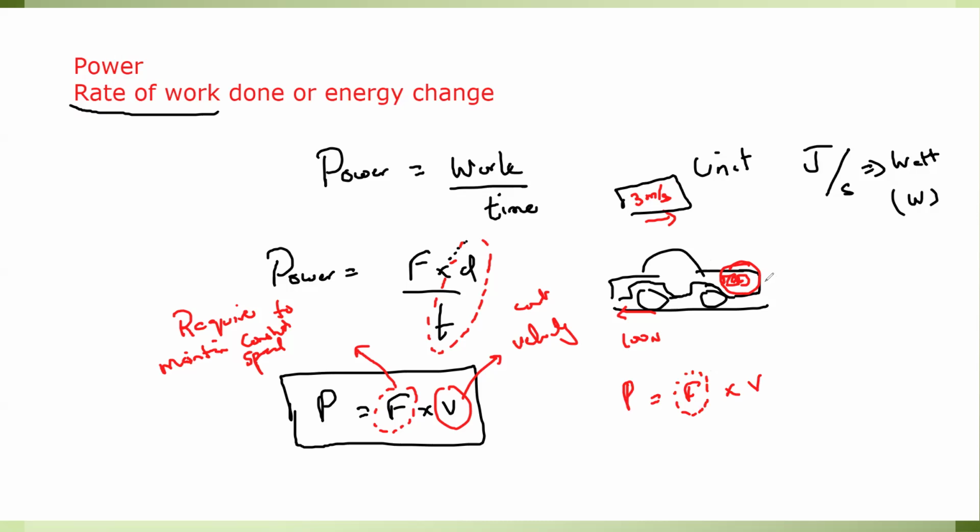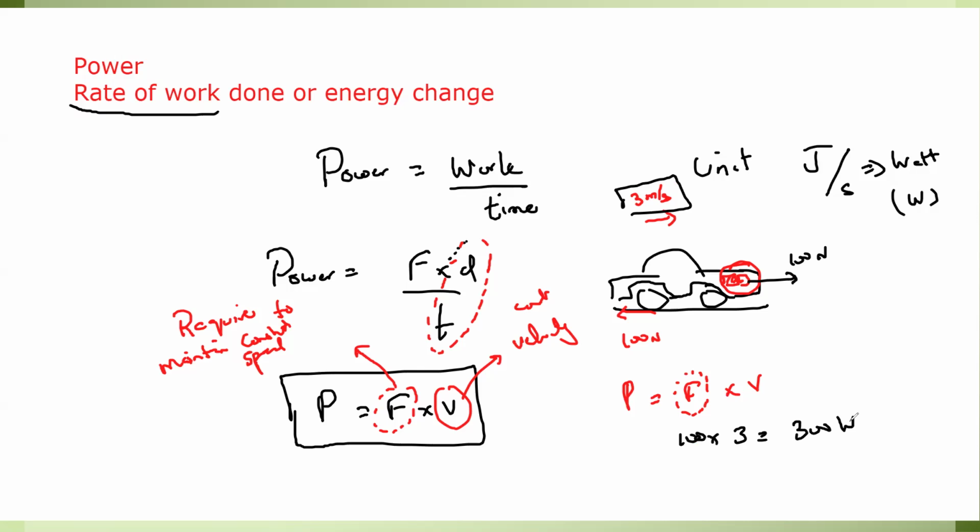The force of the engine should be 100 newtons. So that is 100 newtons multiplied by the constant speed, which is 3. So we get 300 watts or 300 joules per second. It means the engine must produce 300 joules every second to maintain a constant speed.